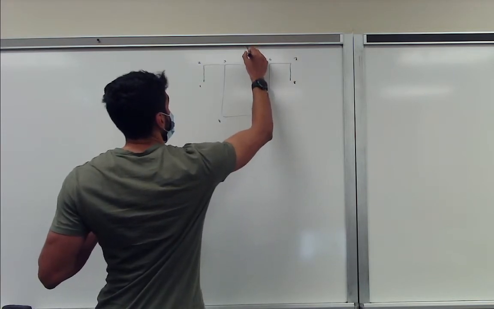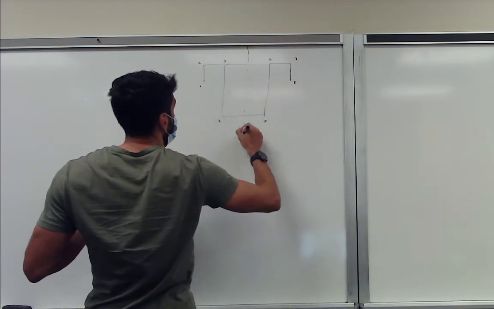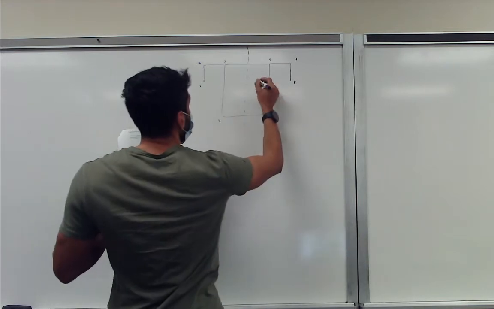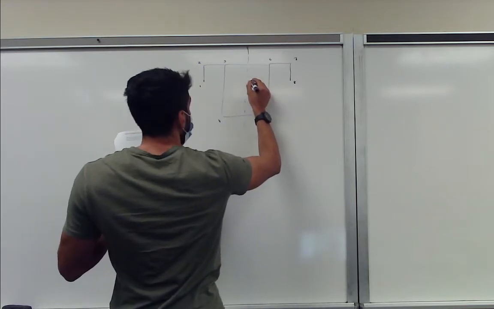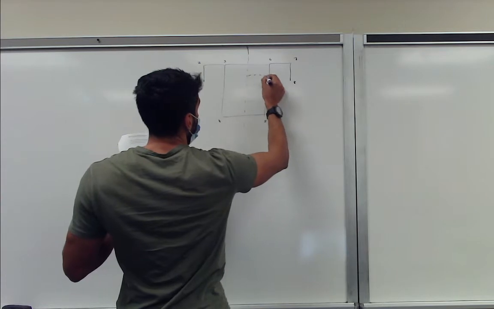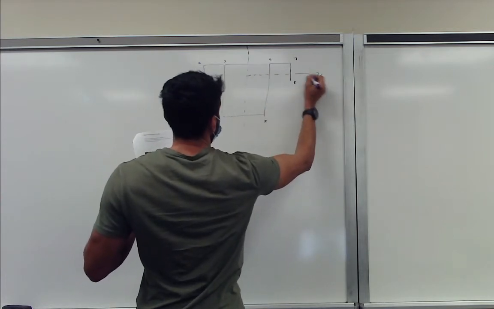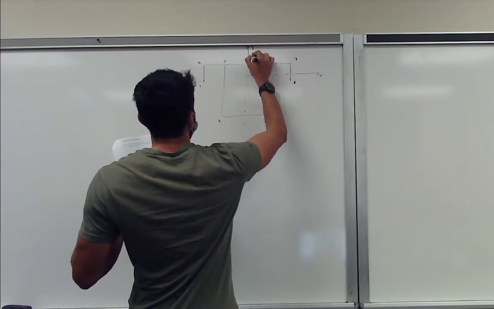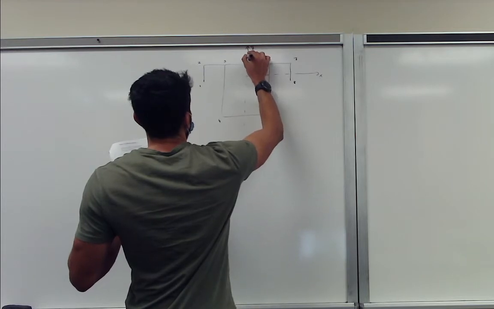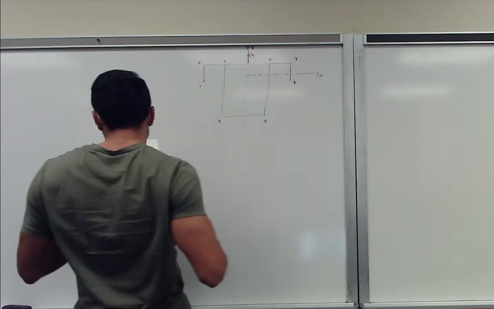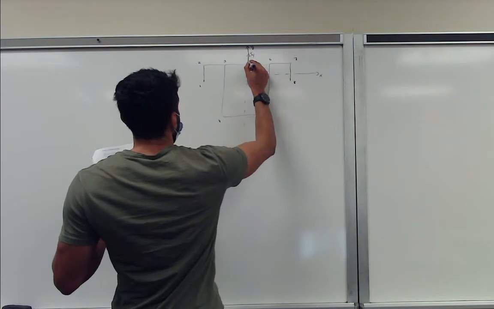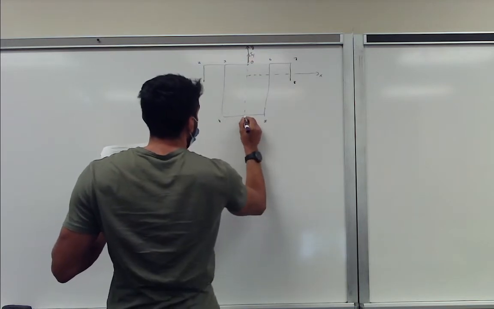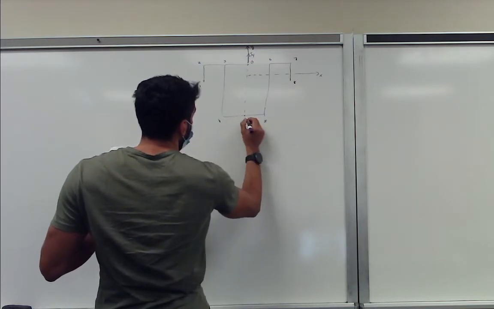Our axis system goes in the middle. This is our x-axis, this is our y-axis, and our shear force also acts along the y-axis. We define this point here in the middle as O, or 0, and we define the middle point between 5 and 4 as 0.9.